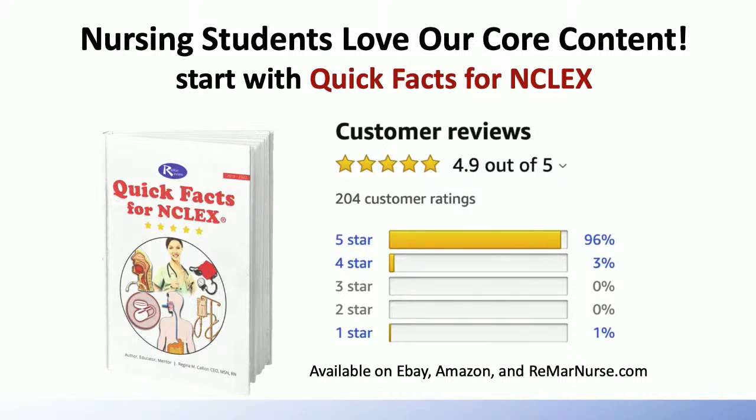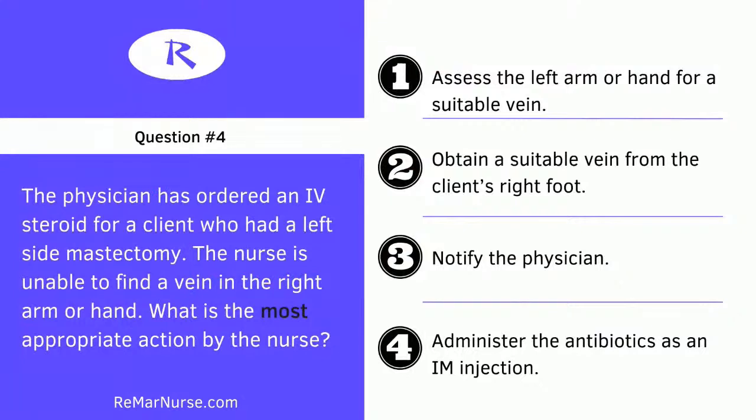Here's question number 4, everyone. The physician has ordered an IV steroid for a client who has had a left side mastectomy. The nurse is unable to find a vein in the right arm or the right hand. What is the most appropriate action by the nurse?